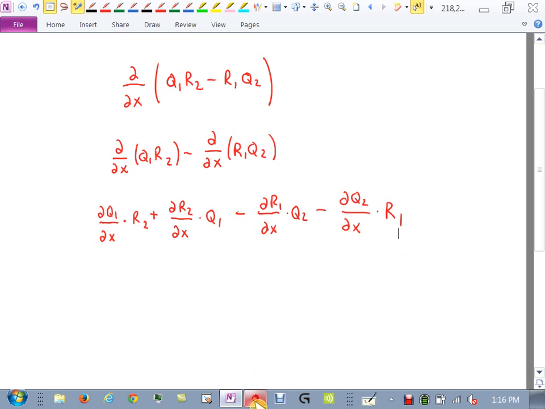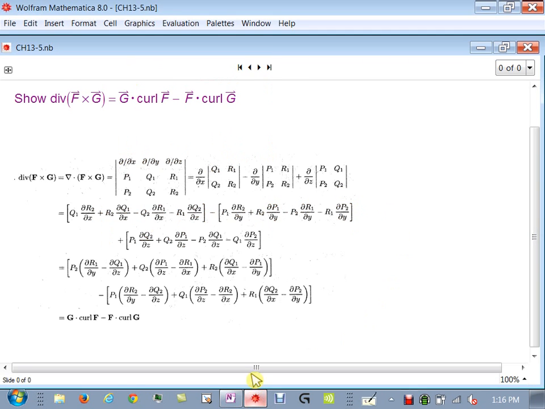Now let me go back over here. You can see this right here is what we just did. They did their product rule a little differently, but we should have the same four terms here. Then they did this one, four more terms, then this one, four more terms.